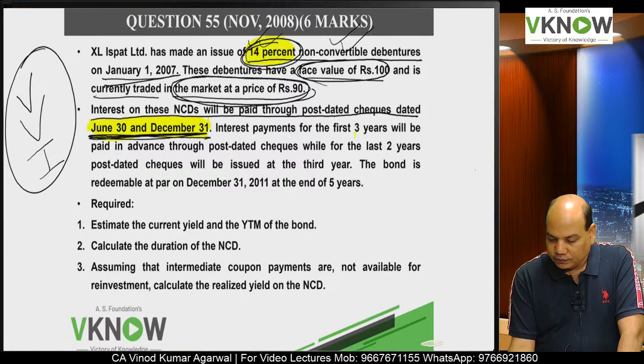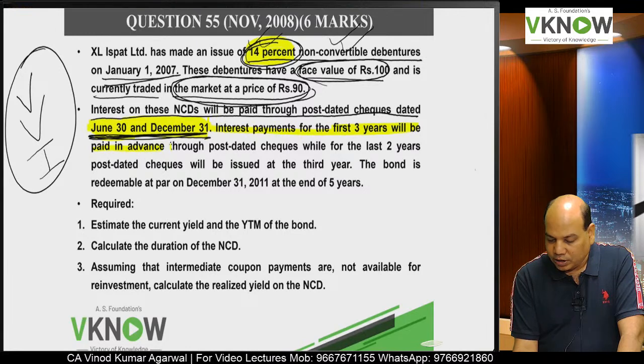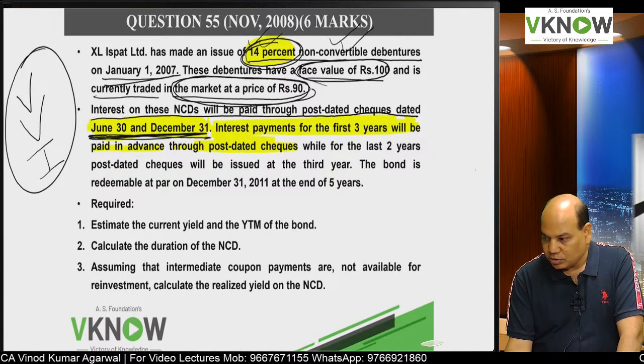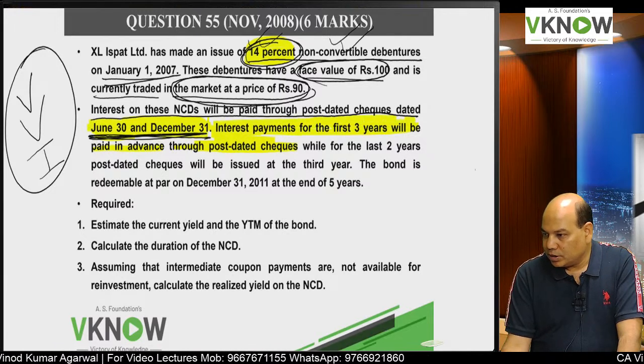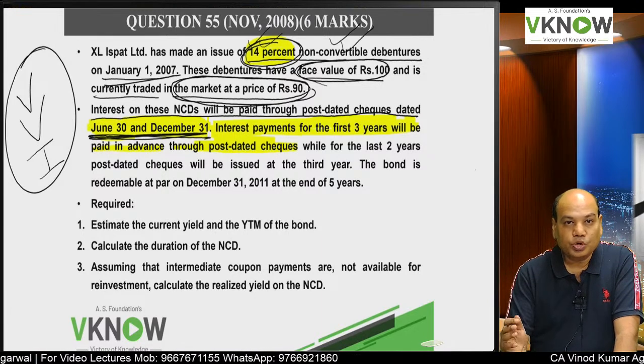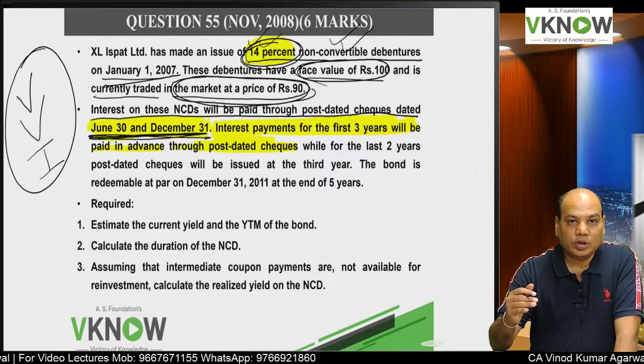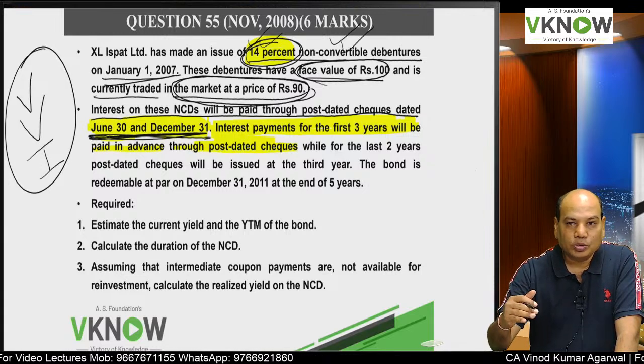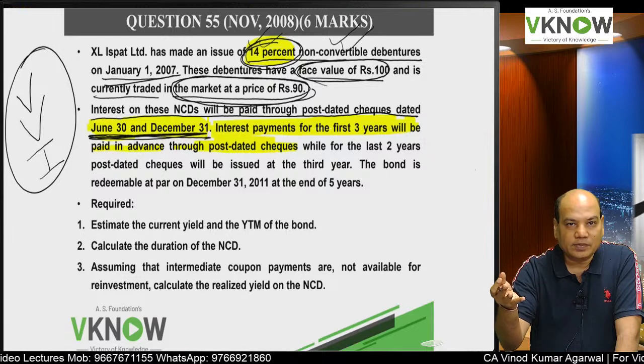Interest payment for the first 3 years will be paid in advance through post-dated check. Does it make a difference in your answer? Say yes or no. You are going to pay, but you are going to issue post dated checks. So amount will be transferred to the bondholder account only on the respective date.